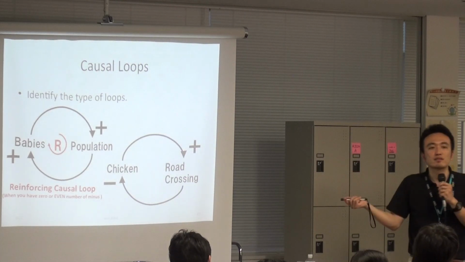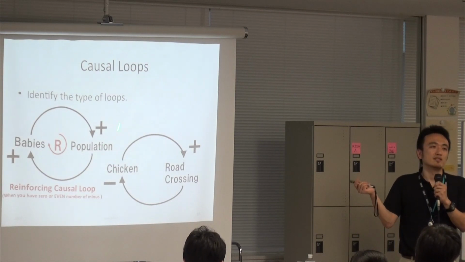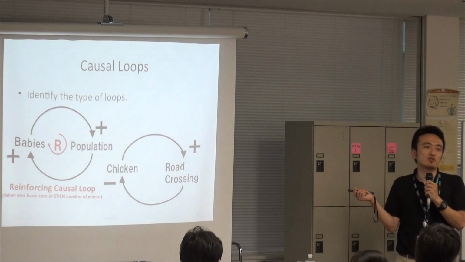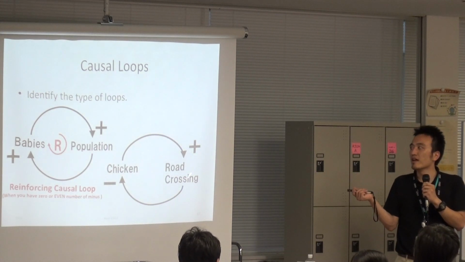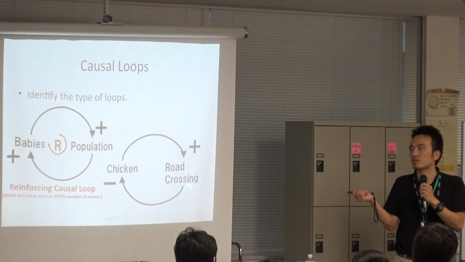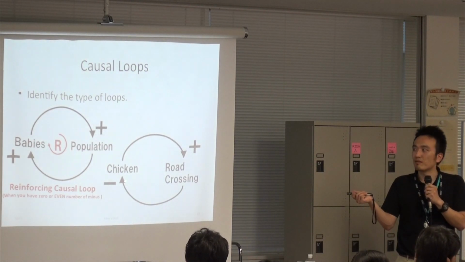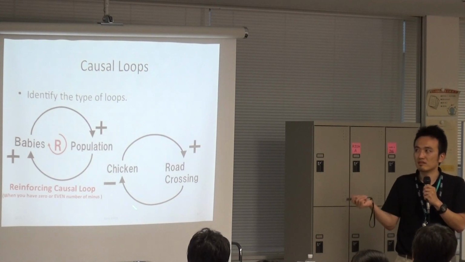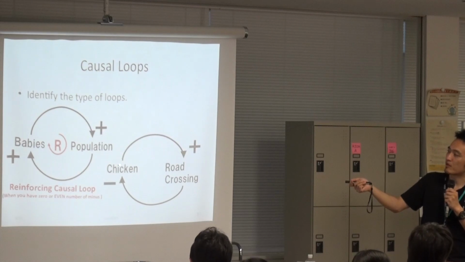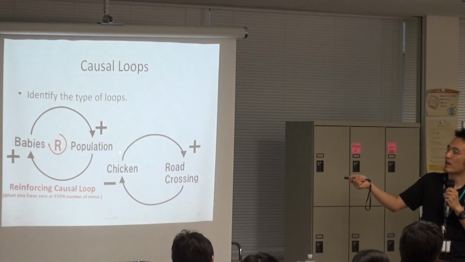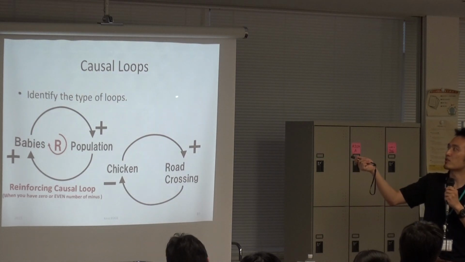Let's give another scenario. All of a sudden, the number of chickens starts to increase. What happens to the brave chickens? You get more chickens trying to cross the road, and then you get fewer chickens, so the opposite effect happens. If you graph the chicken number, it will try to increase, but because of this effect, it will saturate at some point.